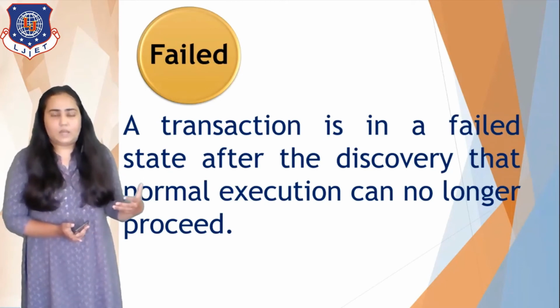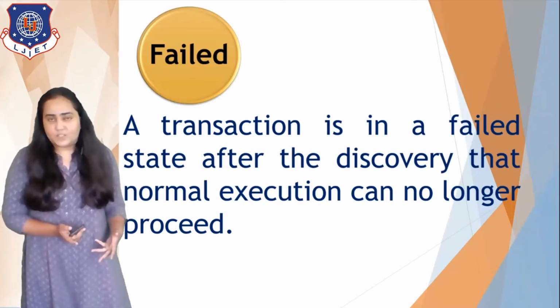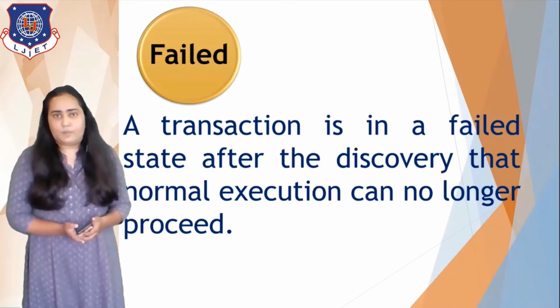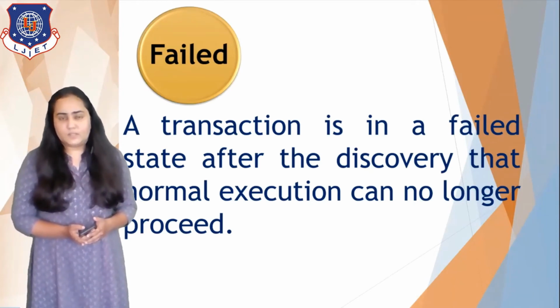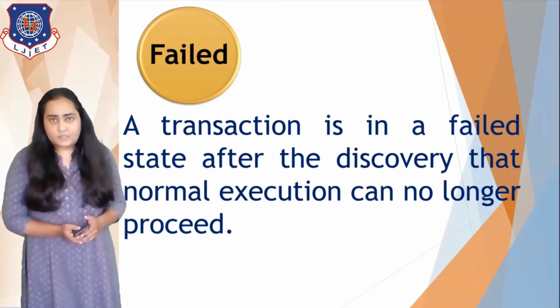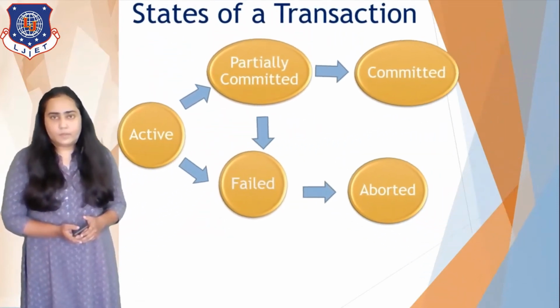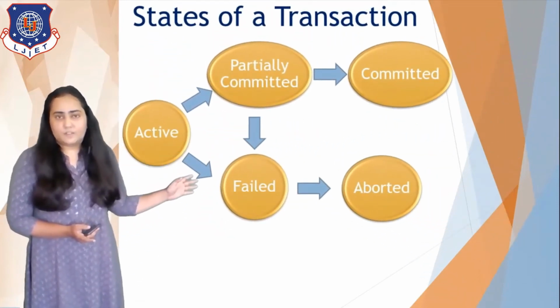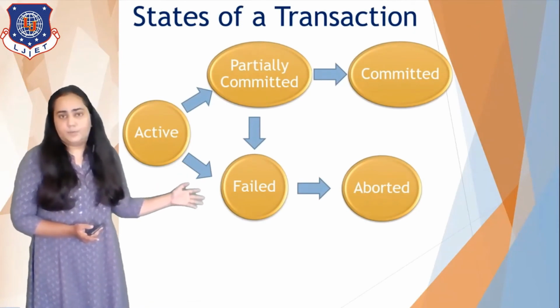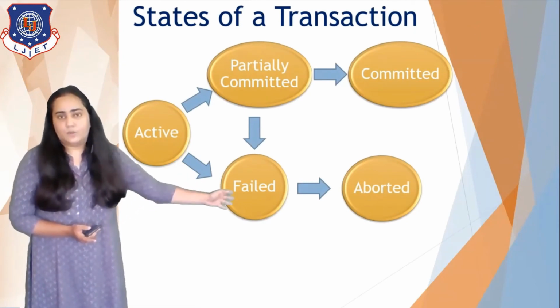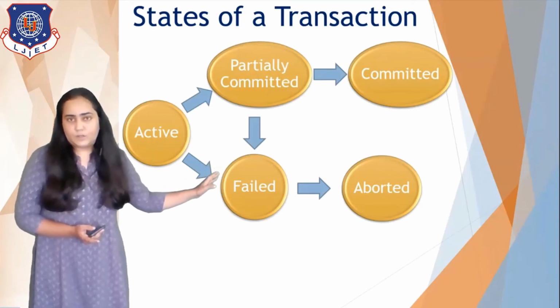It could be an error within the transaction itself, or it could be an error because of the system. And due to all these reasons, the transaction could be in a failed state. Now, obviously, once it's in the failed state, the only option for the transaction is to go to the aborted state, which we're going to see later on.